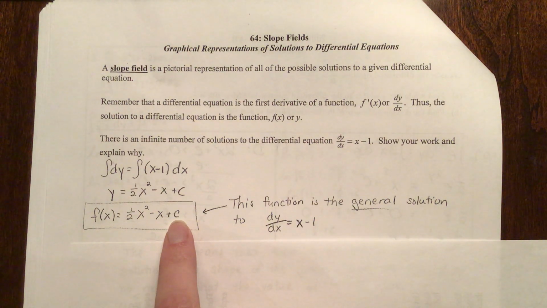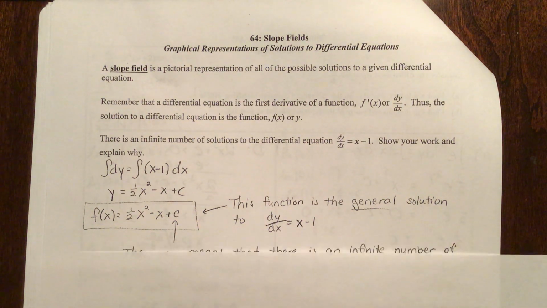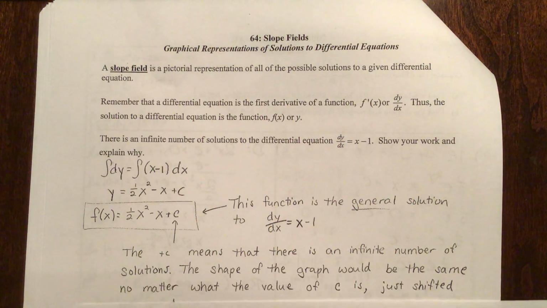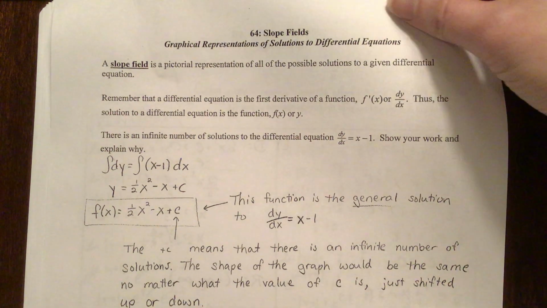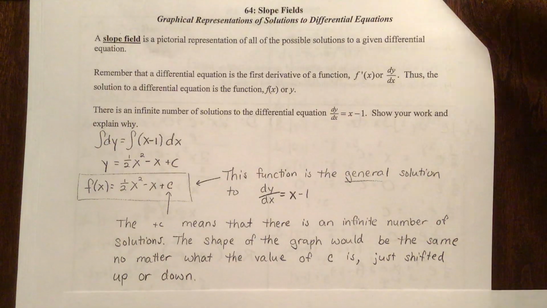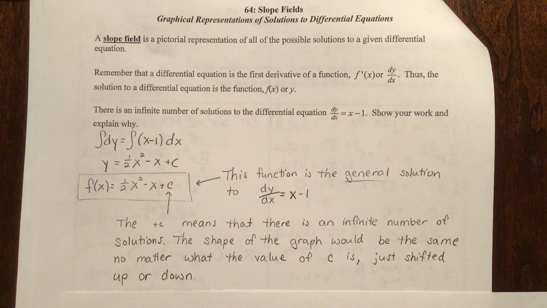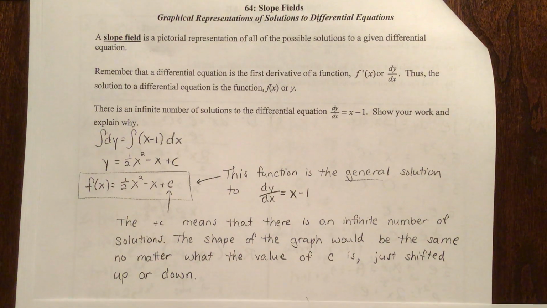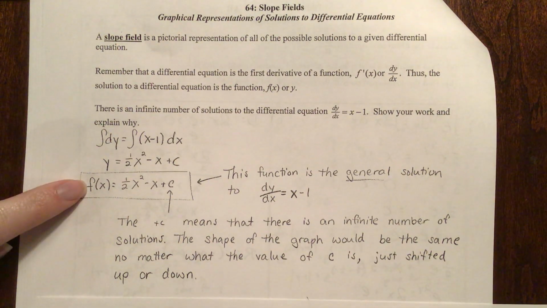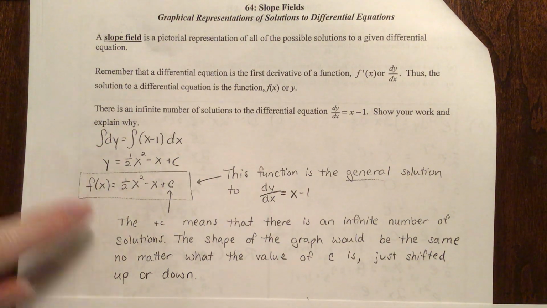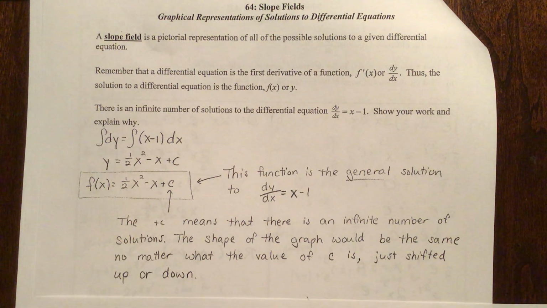Wow, that's a tongue twister. All right, so the plus c means that there is an infinite number of solutions. The shape of the graph would be the same no matter what the value of c is. It's just shifted up or down. Okay, at this point, if you want to pause, rework this problem on your own just for some practice, we're going to still have c in our answer, and then copy down whatever you need.